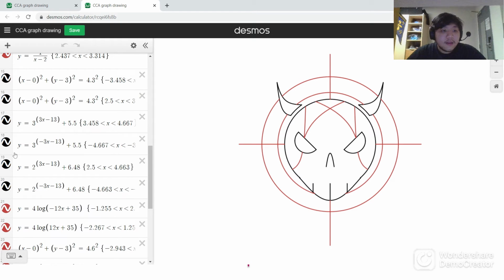If you untick these, or basically erase the lines from the logo, you can see how it affects the drawing. If we remove 17 and 18, we remove the outer curve of the horn for both the left side and the right side. If we remove number 19 and number 20, we remove the inner curve for both the left side and the right side of the horn, like so.